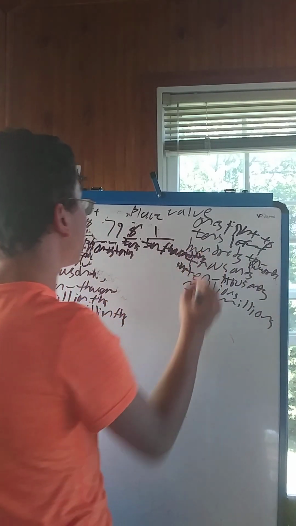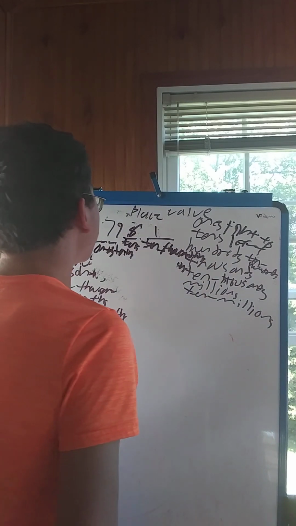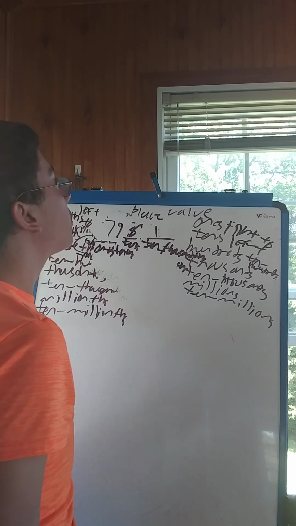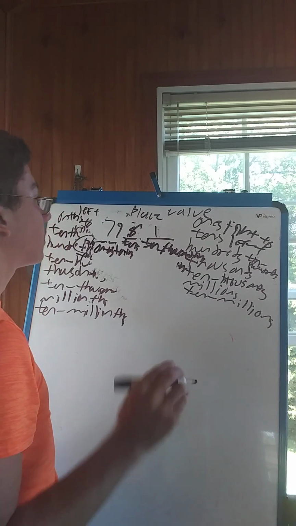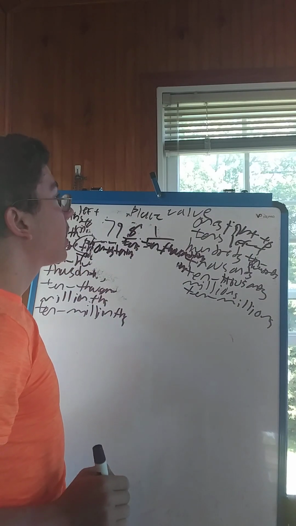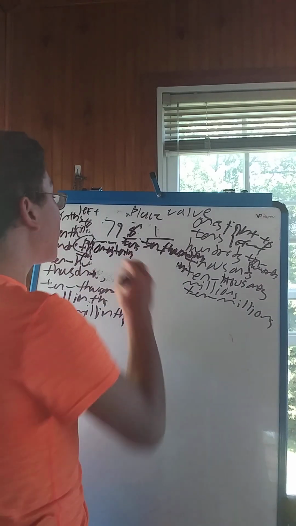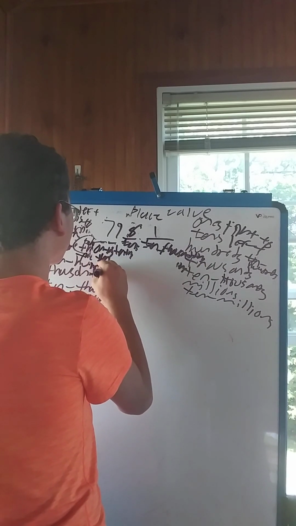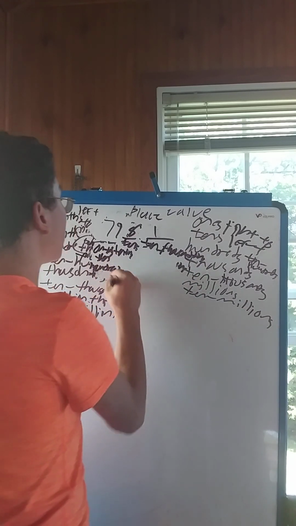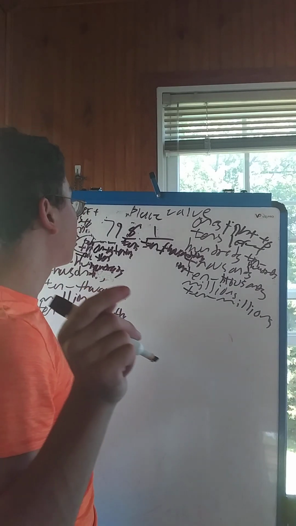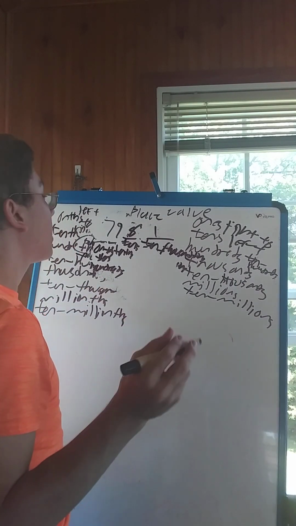Okay, so the 7 going from right to left, hundredths. The 9 going from right to left, yes, hundredths.